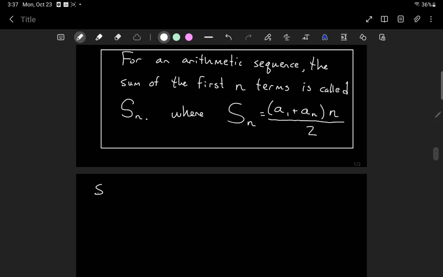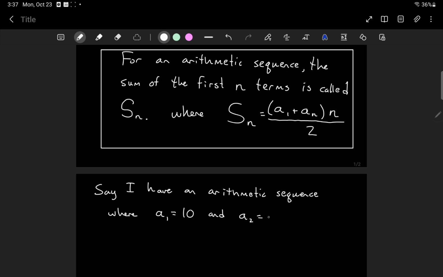Say I have an arithmetic sequence where a sub 1 is equal to 10 and a sub 2 is equal to 13.